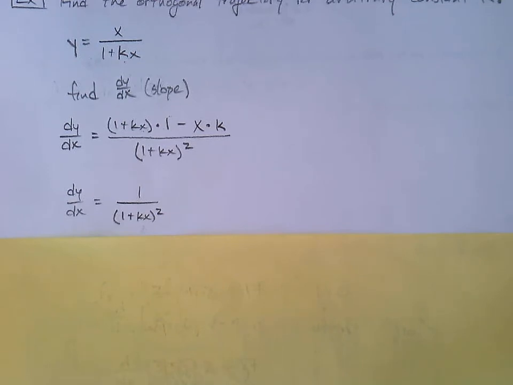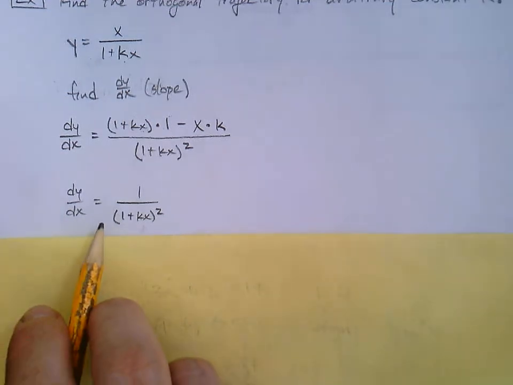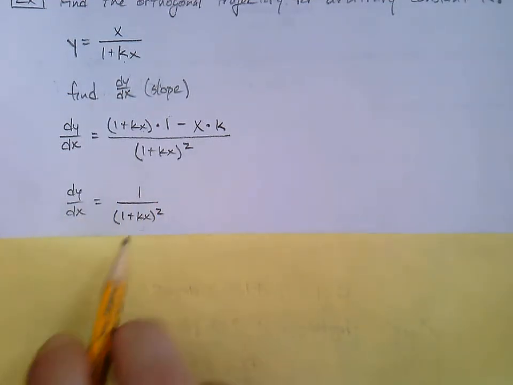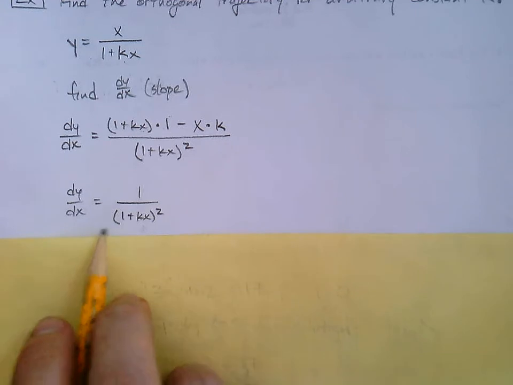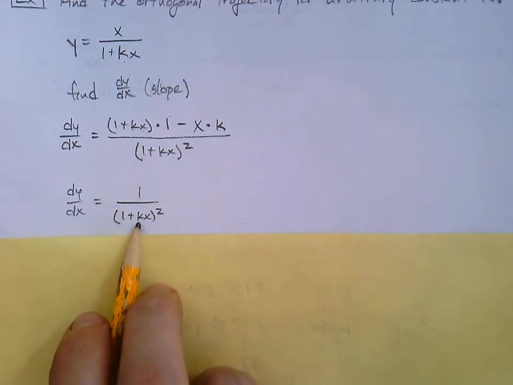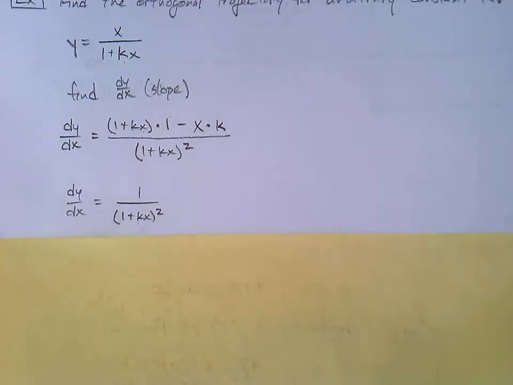Okay, now here's where things get interesting. We still don't have a differential equation yet. We're getting there. We want to write this derivative in terms of x only. Okay, so right now we've got that k involved. We want to fix that.